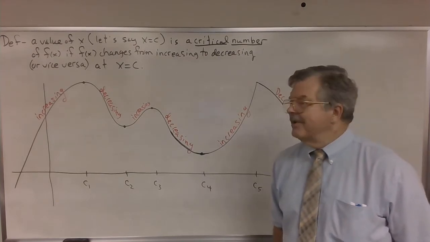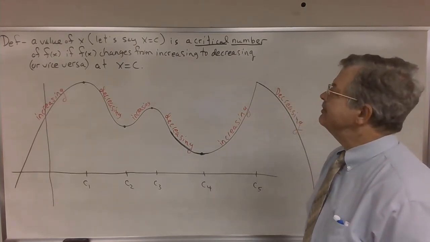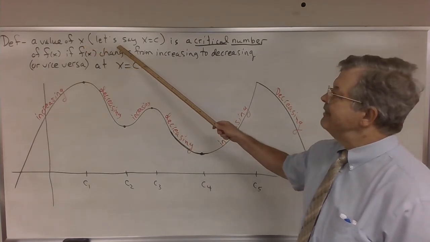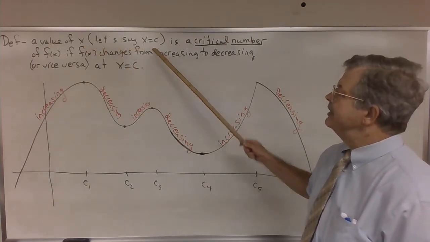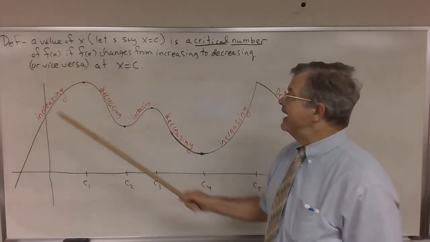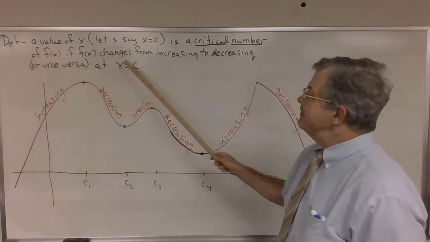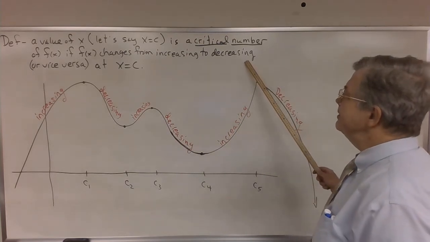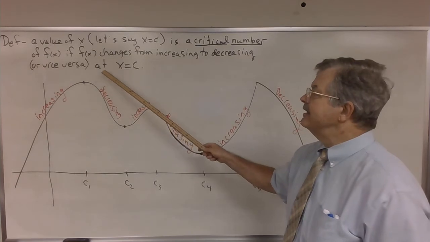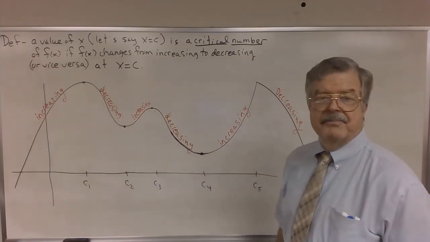Okay, I add to our collection of definitions. I say a value of x, and we'll say x equals c, is a critical number of the function f of x if f of x changes from increasing to decreasing or decreasing to increasing at x equals c.